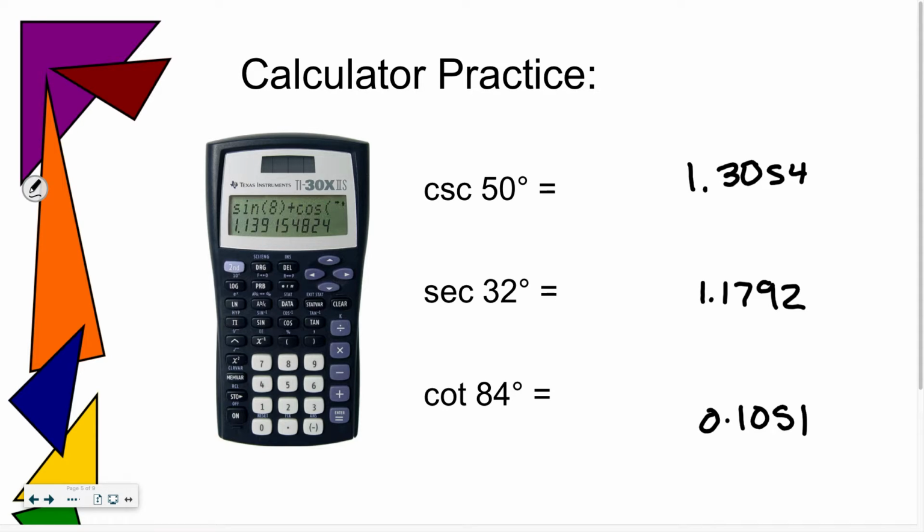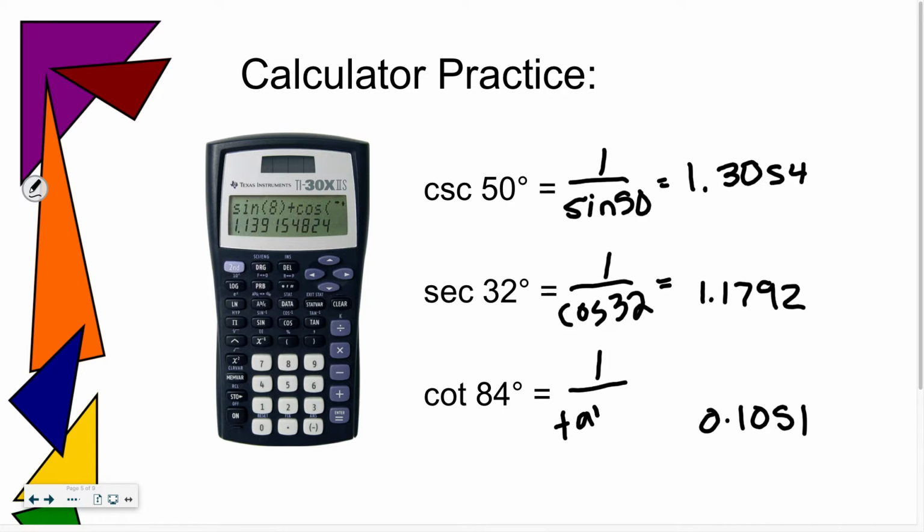I can't do cosecant of 50, but I can do its reciprocal sine of 50, and then to flip it, I would just divide 1 by that ratio. This one would be 1 divided by cosine 32, and 1 divided by tangent 84.